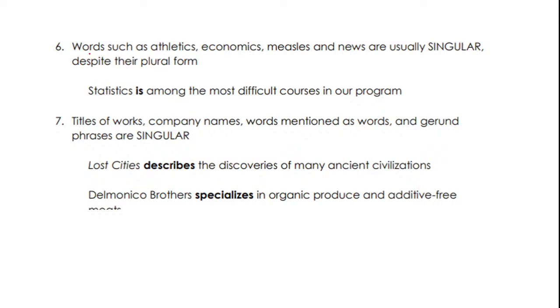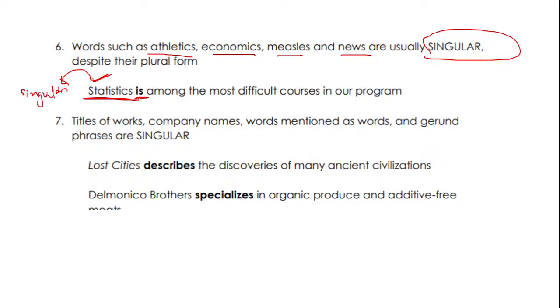So look here for words like athletics, economics, measles, news. These are usually singular despite their plural form. So here, statistics is among the most difficult courses. This particular word statistics has been treated as singular, hence we used the verb is.